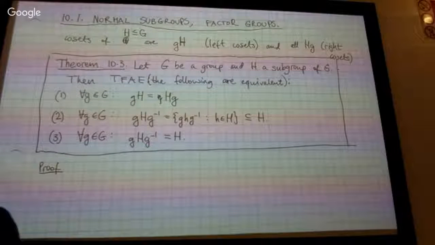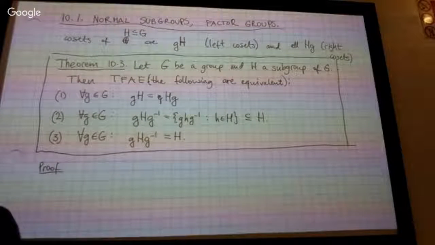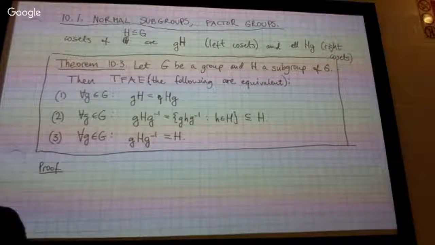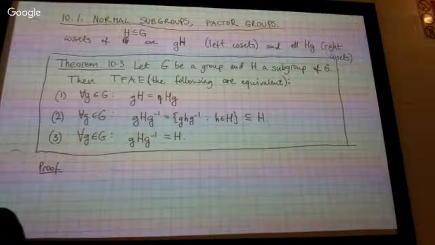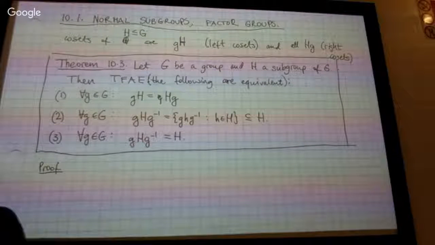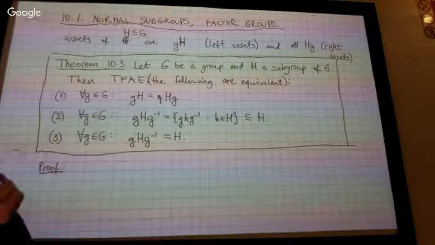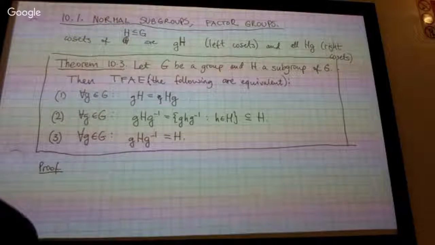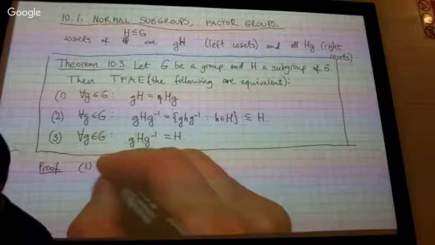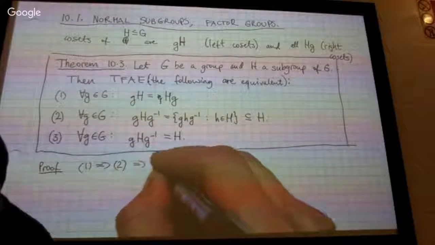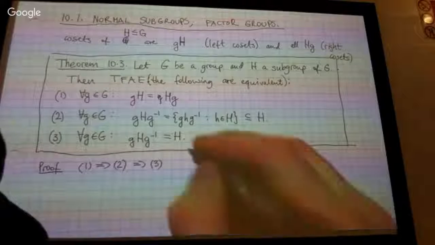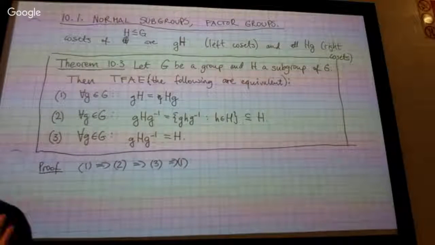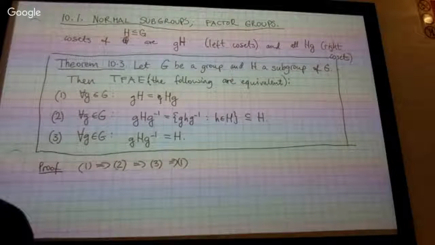If you have 2, or if you have 3, you can do whatever you want, but you have to make sure that you get what in graph theory you'd call a strongly connected digraph. So you can get from any to any by a chain of implications. So in this case, what we're going to prove is 1 implies 2, implies 3, implies 1. So we're proving 3 implications, and then we have the equivalence.